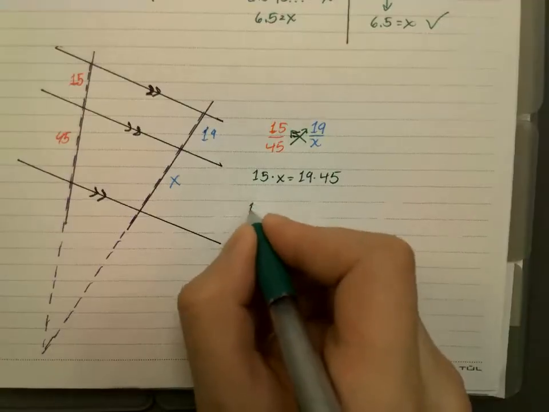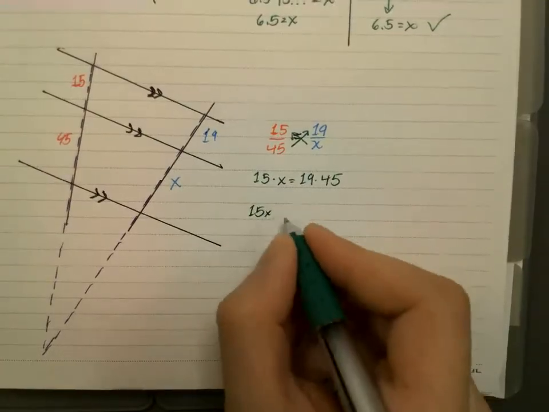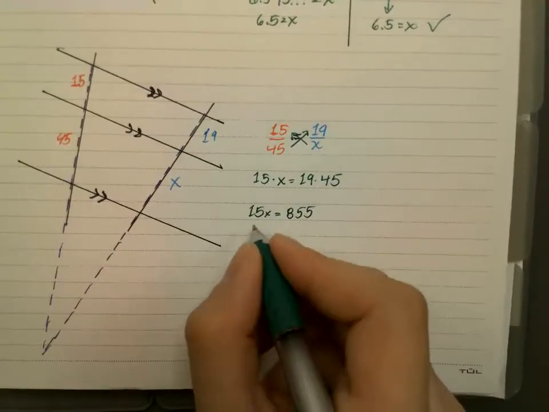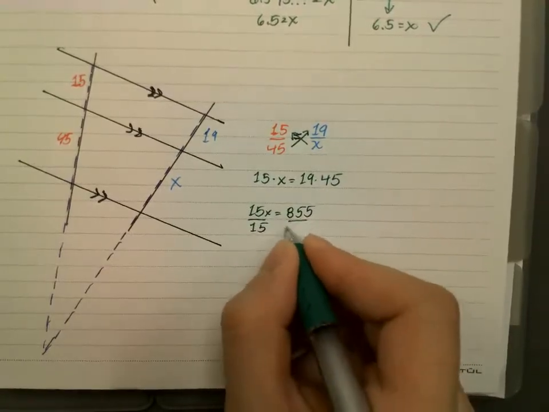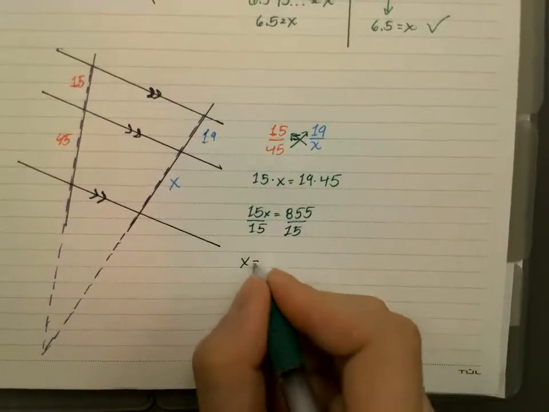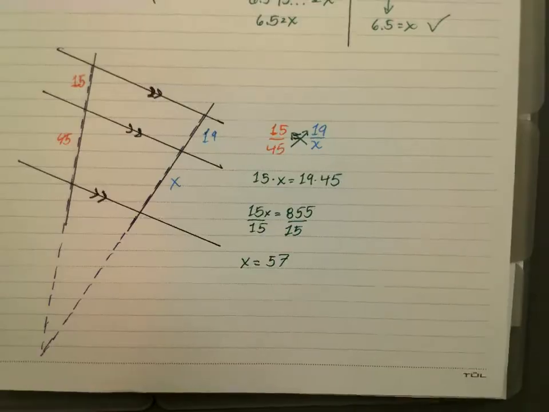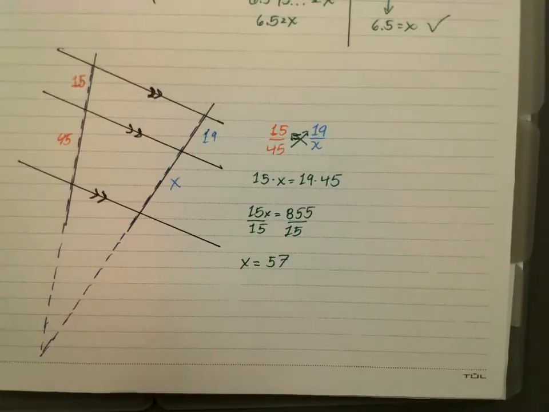So we get 15x equals 855. Divide by 15, and that does divide evenly, by the way. And we get x equals 57. All right, that concludes the notes for this section.